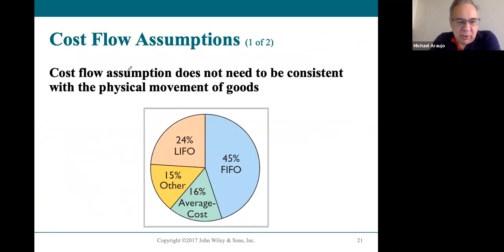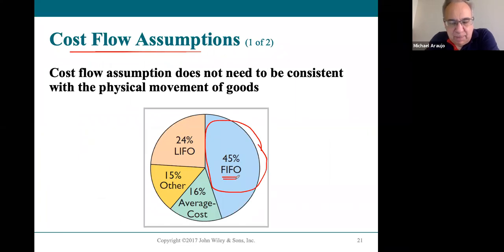Okay, so we're going to go to our cost flow assumptions that we just looked at. You need to understand that if you looked at most merchandising companies today, almost half of them use this method called FIFO, first in, first out. It's also a really great name for an accountant's dog. Here, FIFO.